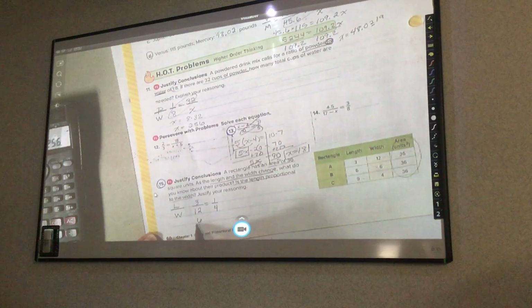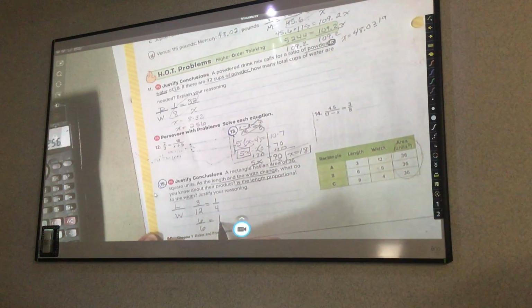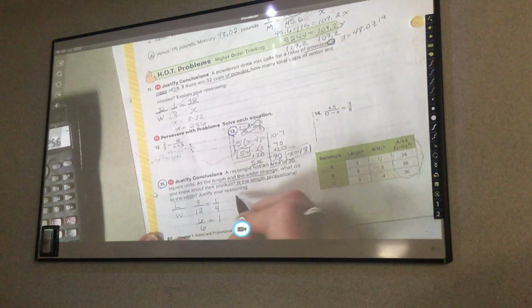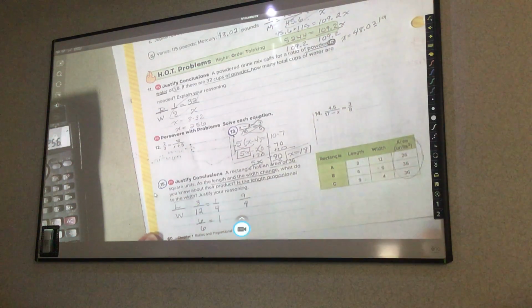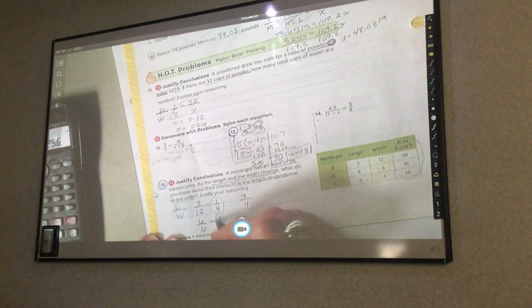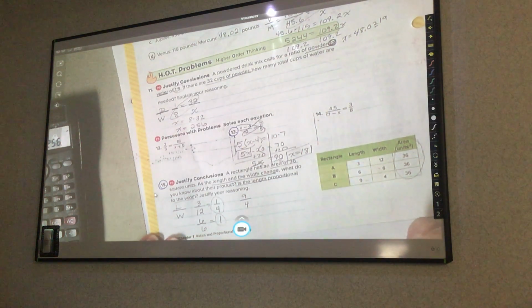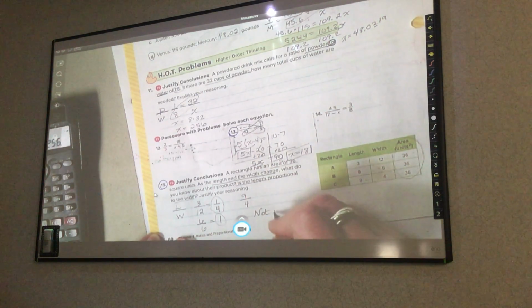Length is 6, width is 6, that reduces to 1. Length is 9, width is 4, and I would just say it like that. Do the reduced fractions equal each other? No. So it is not proportional.